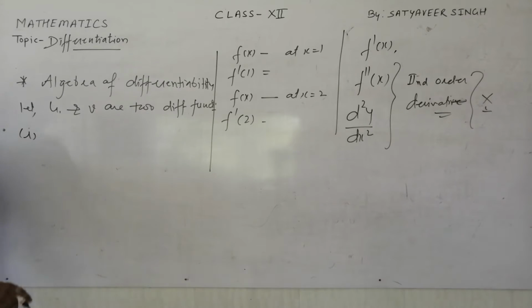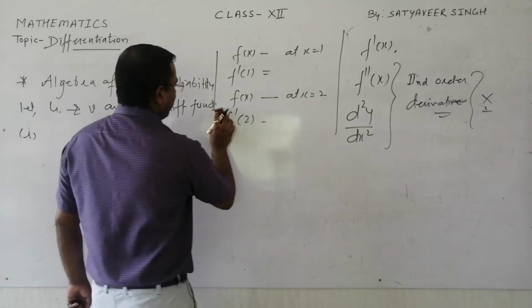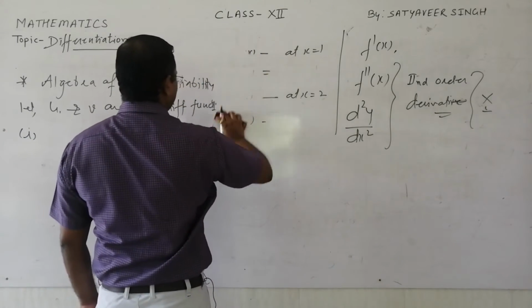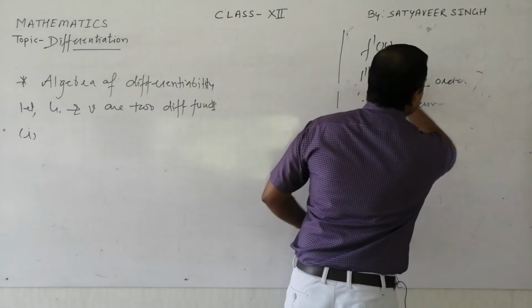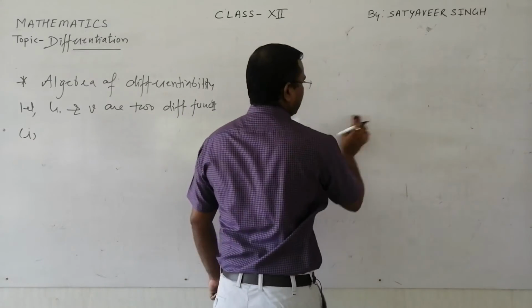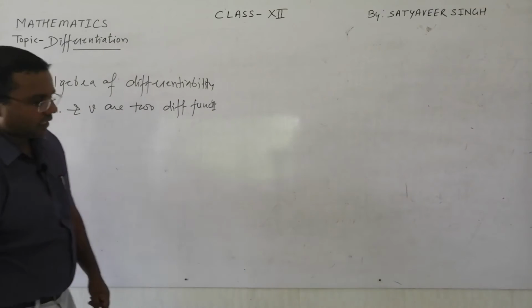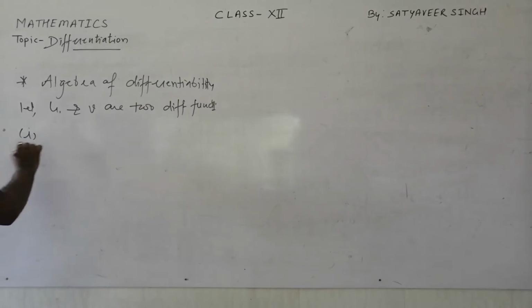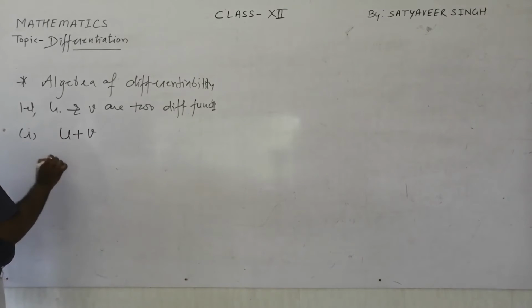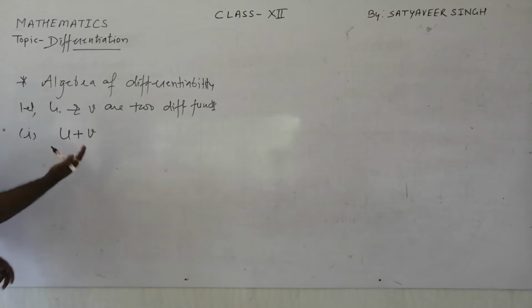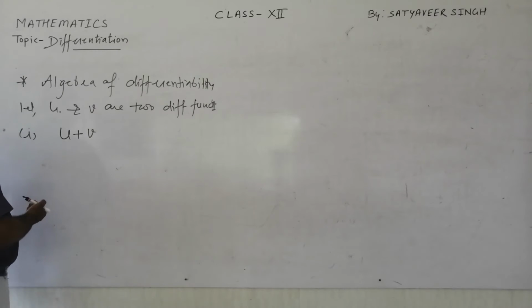What is the meaning of the algebra of differentiability? It means if both the functions are differentiable, then definitely we can write their sum, u plus v, and obviously their sum will be differentiable.